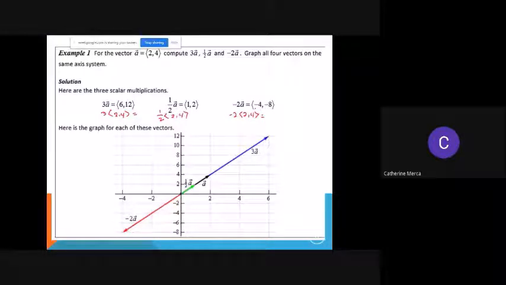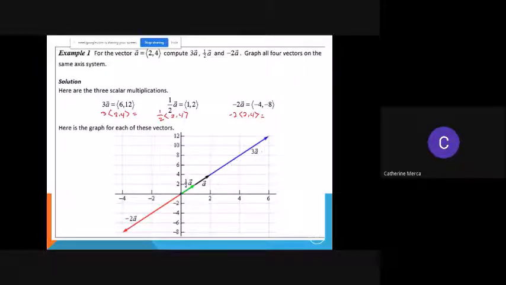Sorry, that is not negative 1/2 A, it is positive 1/2 A. It is 1/2 the magnitude of A, and it goes in the same direction as A. When you have 3A, it's 3 times the quantity A, going in the same direction.